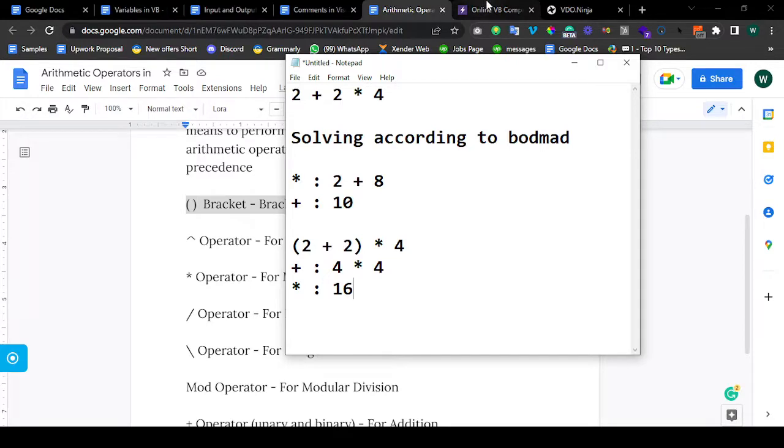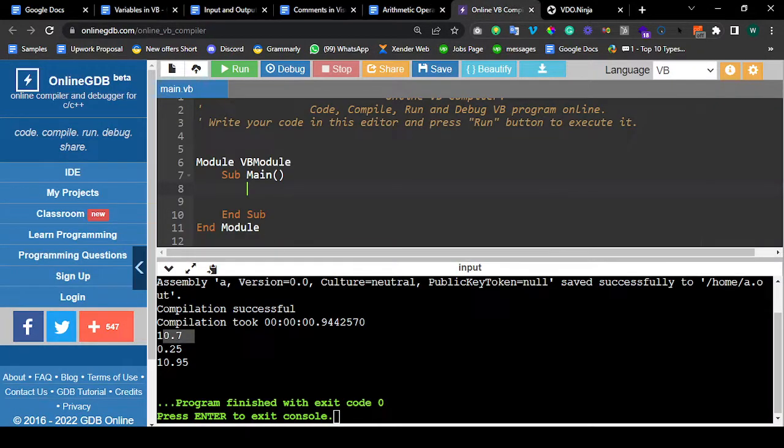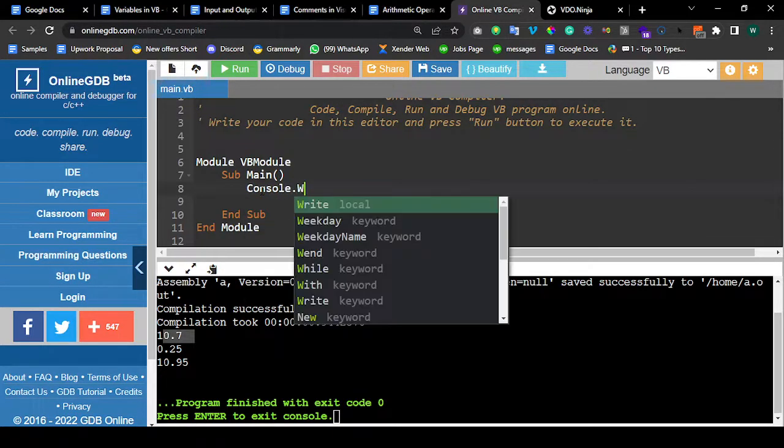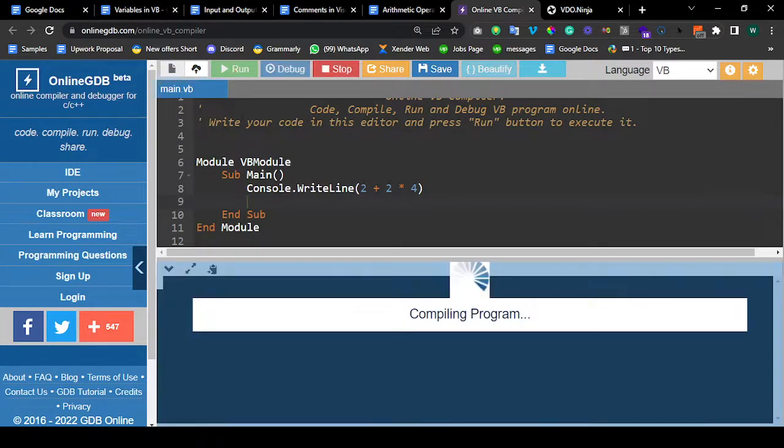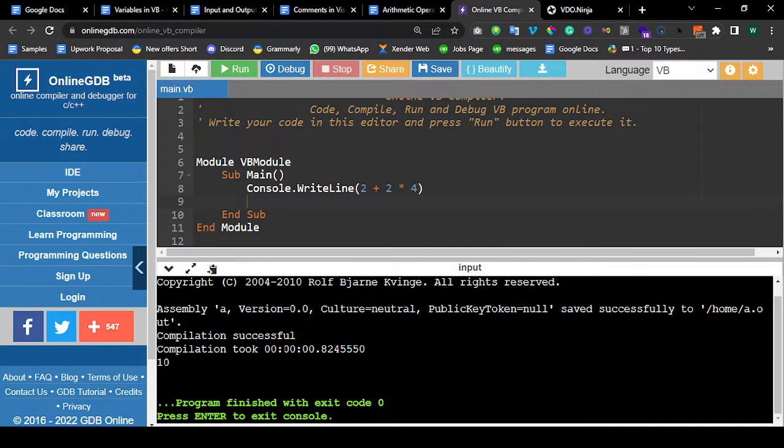Let's go and experiment with this. So 2 plus 2 times 4 in console.writeLine. Don't forget, I said in the previous video that your writeLine function, you can give it a variable, a value, or an expression. In this case, I'm going to be giving it an expression. So you see what I have over here, 10.